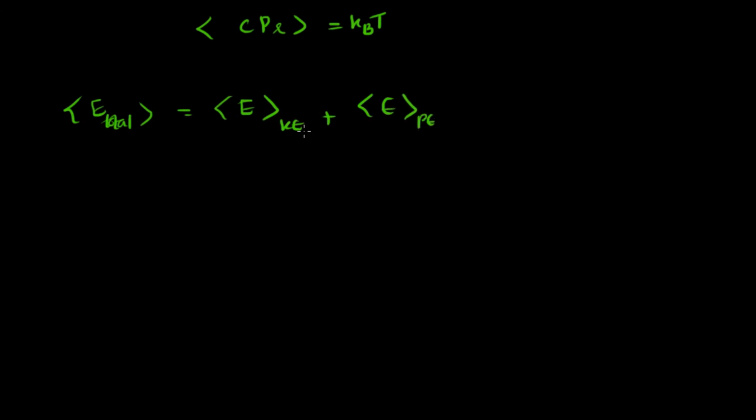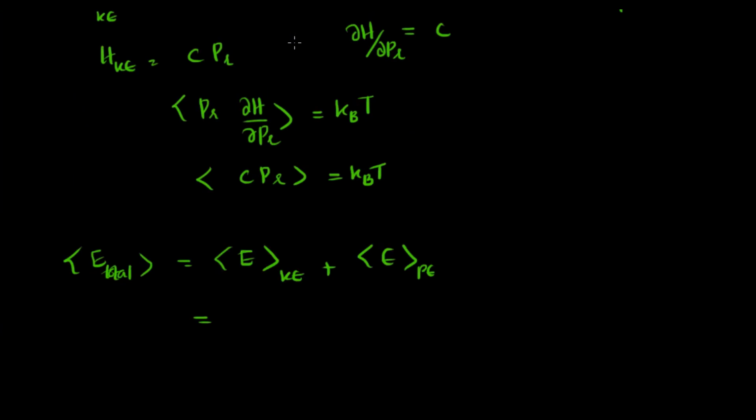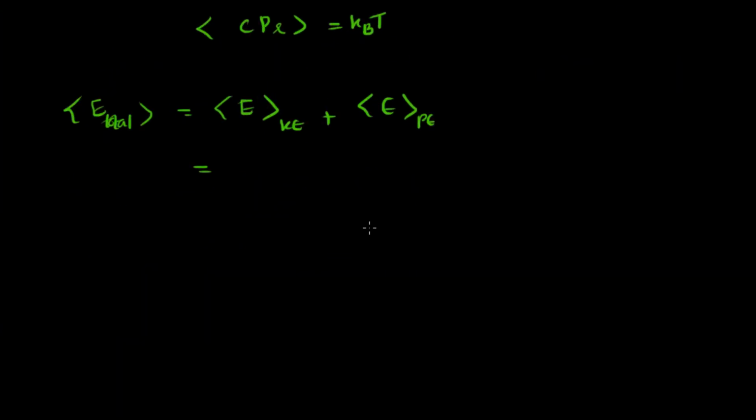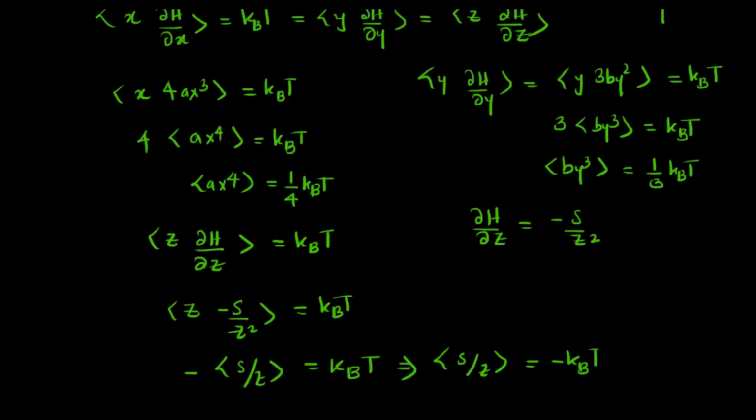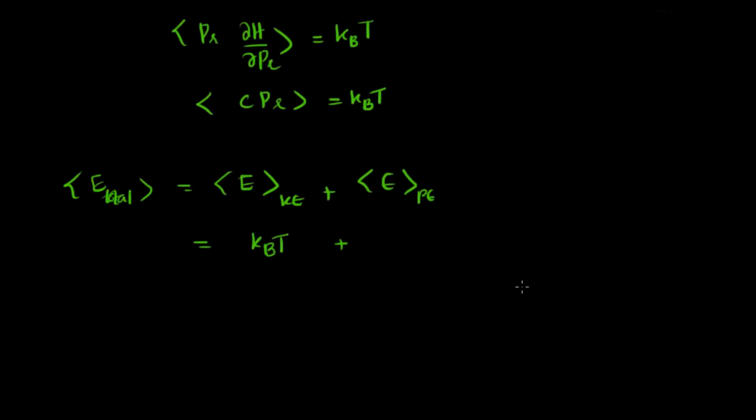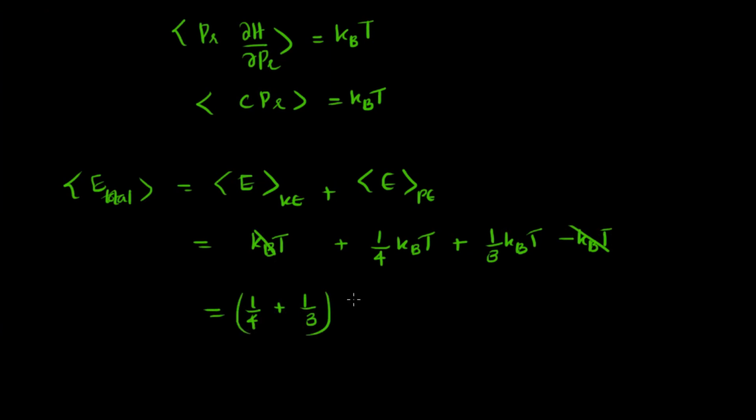We have seen that the kinetic part, c times p_r, is k_B T. And we have the potential energy terms as 1/4 k_B T, 1/3 k_B T, and minus k_B T. So it's k_B T plus 1/4 k_B T plus 1/3 k_B T minus k_B T, which is 1/4 plus 1/3 times k_B T. This will be equal to 7/12 k_B T.